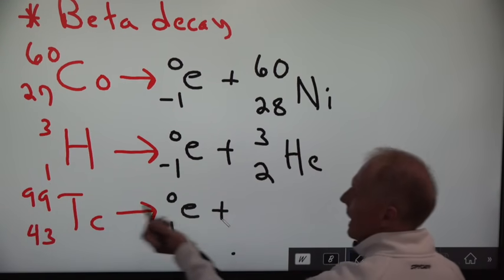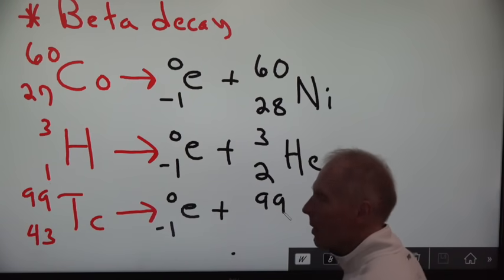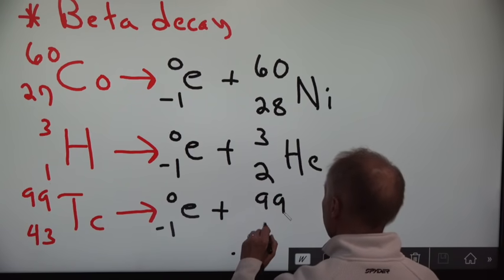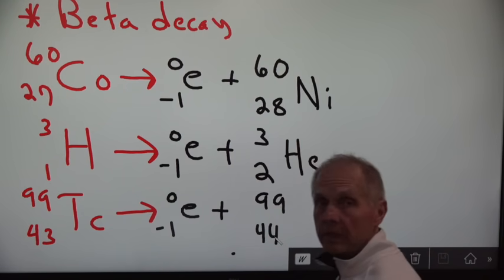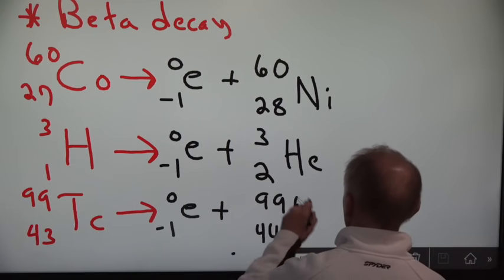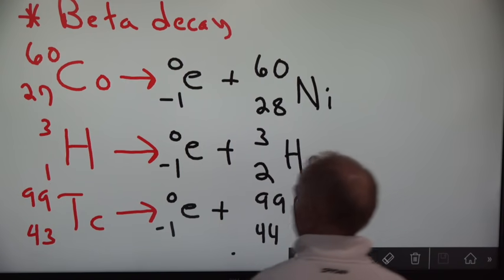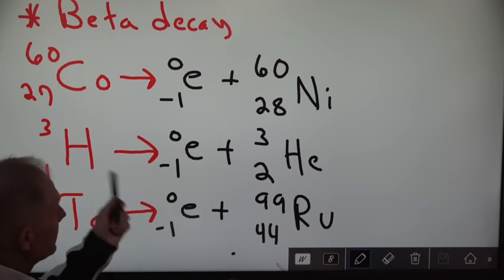So the atomic mass stays the same at 99. And the atomic number has to go up 1, so it's 44. 44 minus 1 is 43. So what's 44? Ru. So those are 3 examples of beta decay.